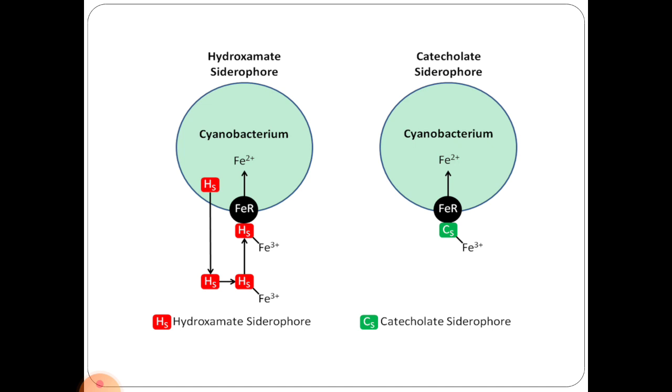Hydroxamate siderophores, 3 siderophores bind to a single ferric ion and transport it into the cell, transforming it into ferrous ion. Similarly, catecholate, one catecholate binds to the ferric ion outside the cell and transports and converts it into ferrous iron.